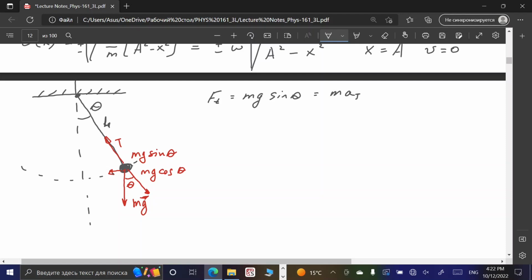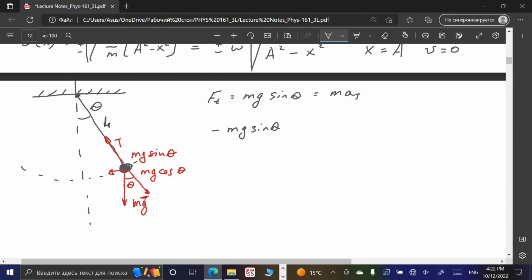So in this case, we can write the following: minus mg sine theta. Minus, because this component of the weight will always try to reduce this angle theta.